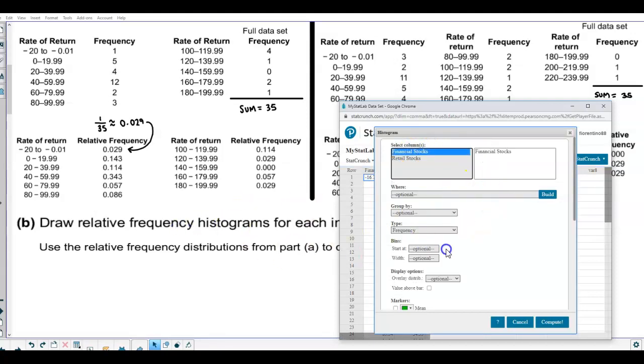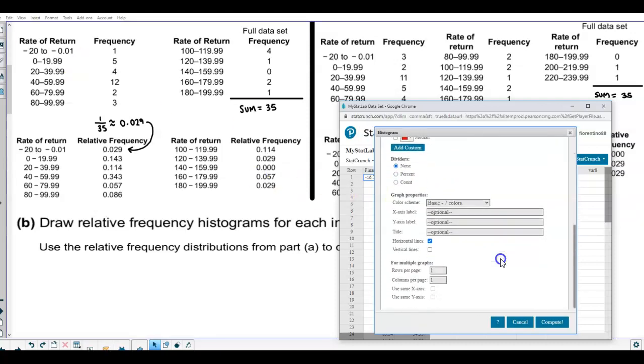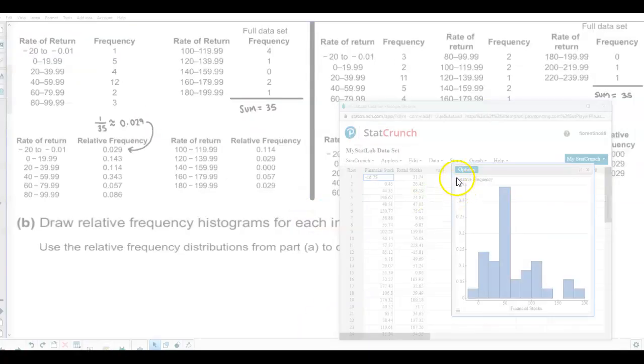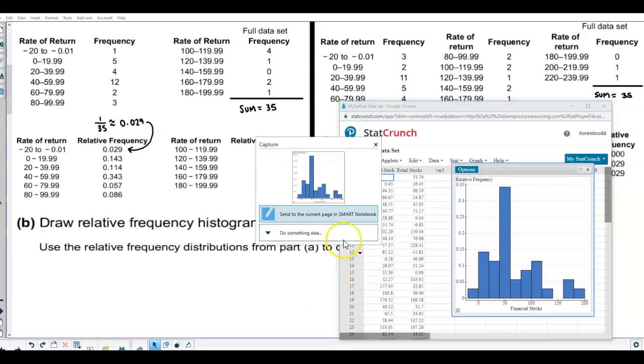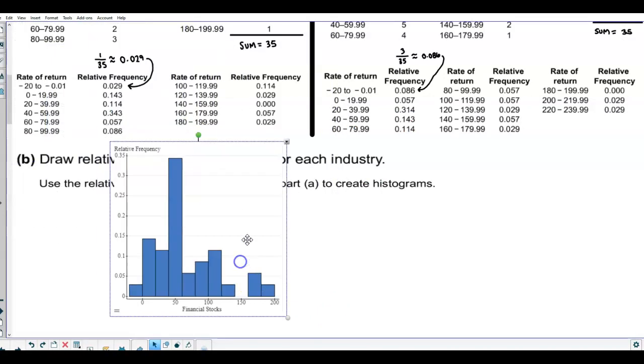Now we want a relative frequency, so we're going to select relative frequency. We're going to start at -20, and then we have a width of 20 according to our directions. And then from here, we're going to select compute. And therefore, there is our relative frequency histogram for the financial stocks.